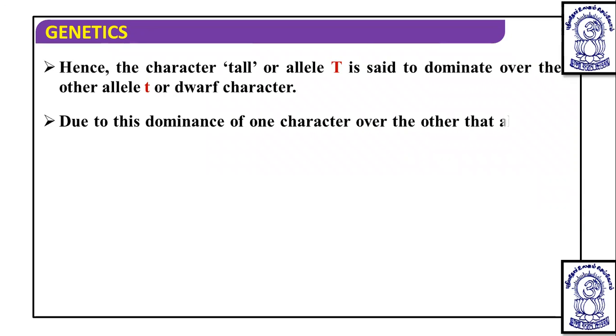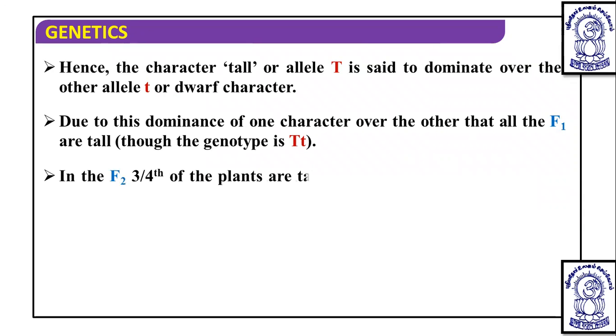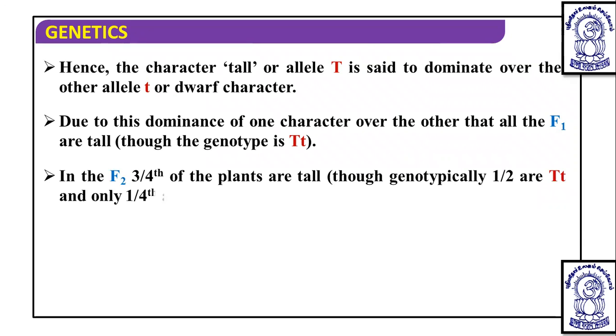And due to this dominance of one character over the other, all the F1 are tall, that is capital T small t genotype. In the F2, 3/4 of the plants are tall, though genotypically half are capital T small t and only 1/4 are capital T capital T. Out of the 3/4, you can see 3 are tall.